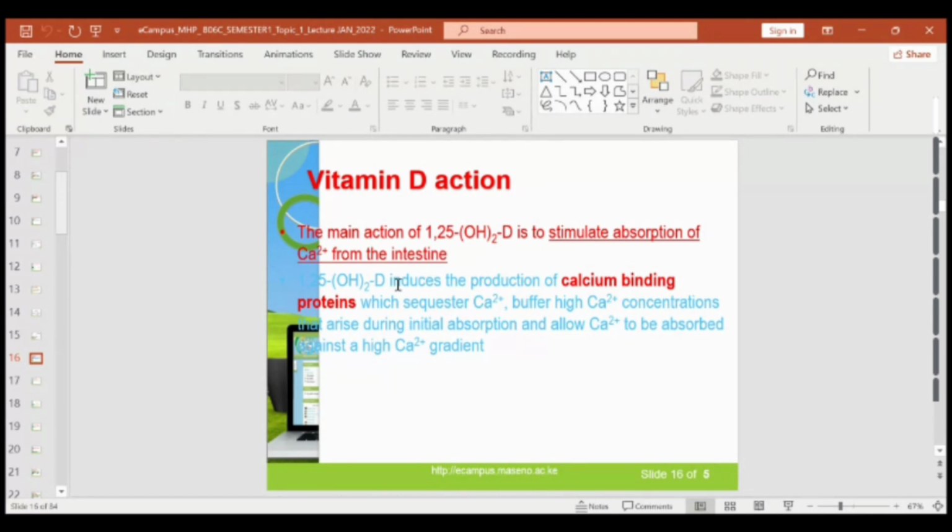So the activated vitamin D3 will induce production of some receptors at the small intestine. We simply call it the calcium binding protein. And that calcium binding protein is what causes the absorption of calcium from the small intestine. The exact processes we'll learn later when we review the GI tract and the process of absorption.